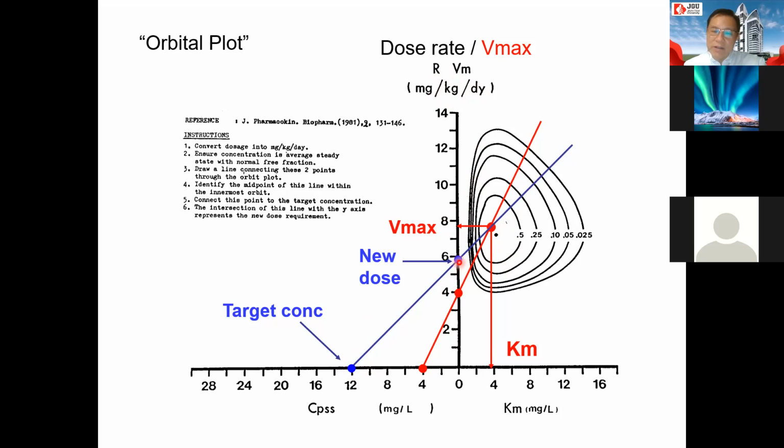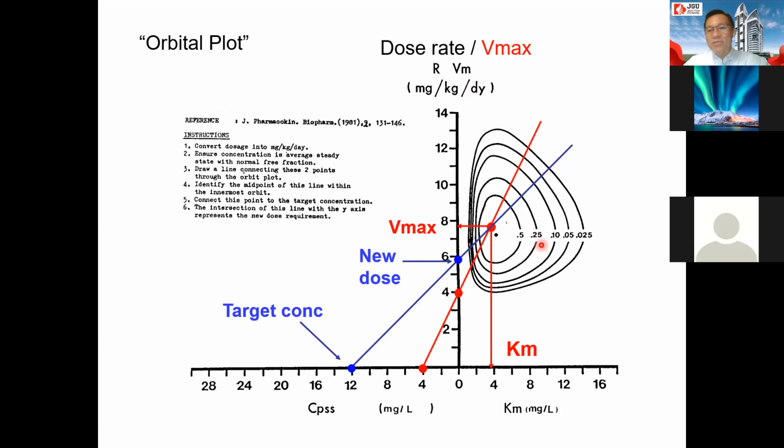Then you connect it using the ruler and hit here, and here is your new dose. So maybe 5.7 per kg per day, and you times the body weight. Understand or not, this one?